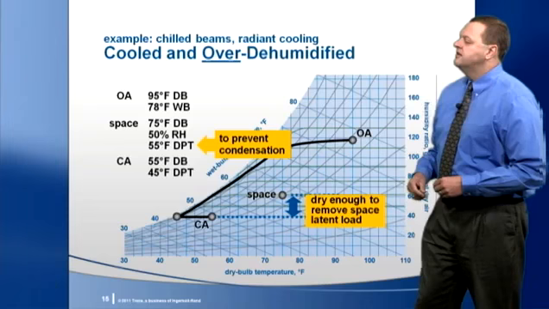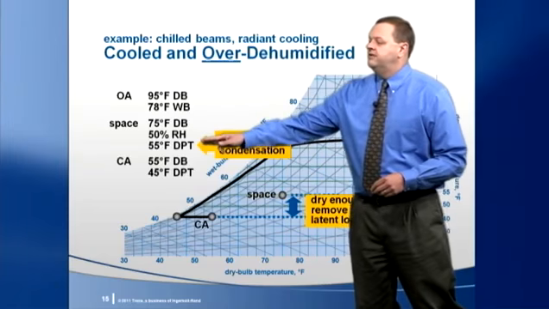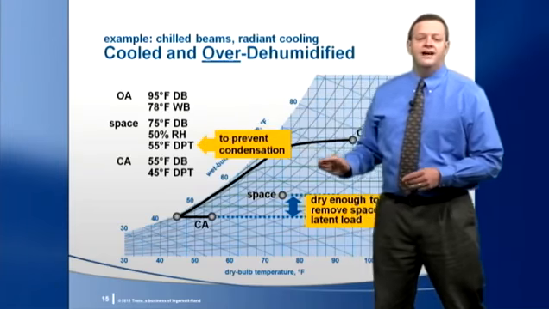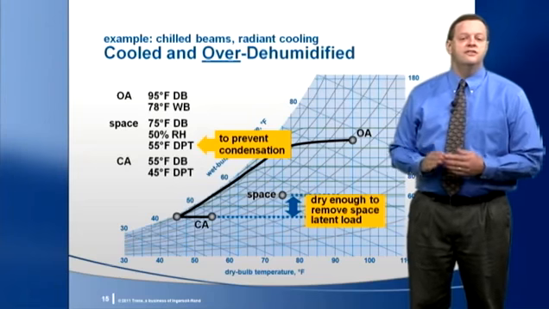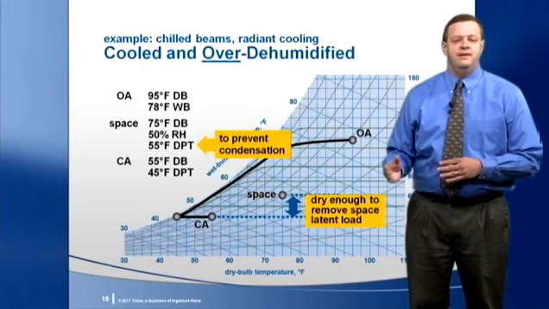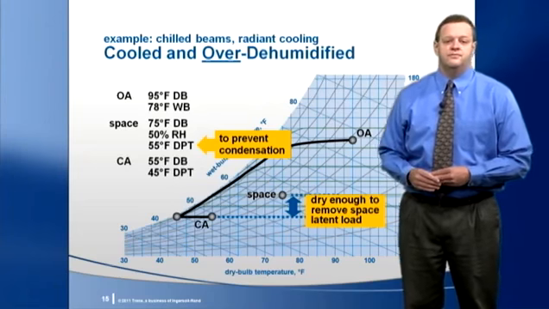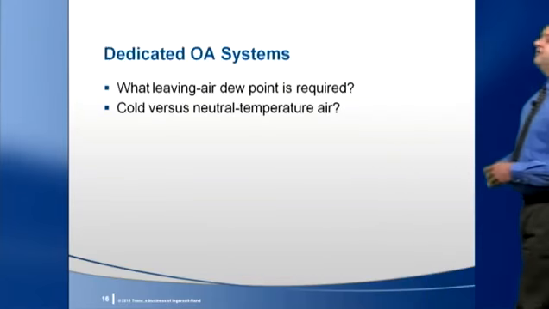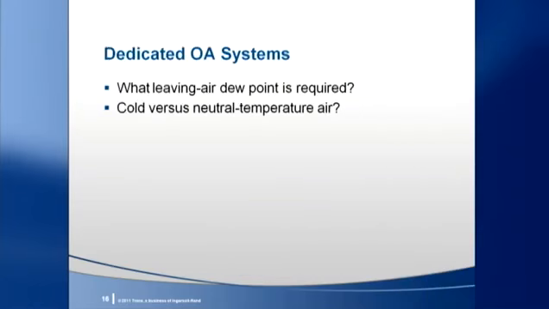In this case, the upper humidity limit is a 55-degree dew point. This allows water at about 58 or 60 degrees to be sent to the chilled beams or radiant panels without condensation. Now, after determining how dry the air must be, the next issue is what temperature the air will be delivered at. Will it be delivered cold or reheated?